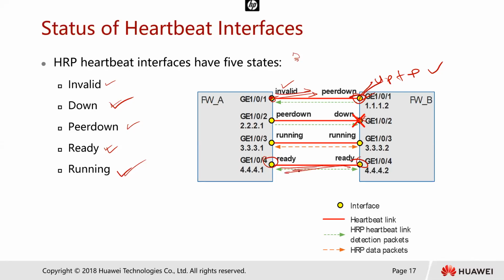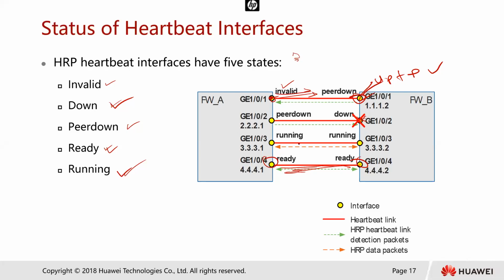That's why it's called ready. They're in a ready state to send and receive heartbeat packets, and it can continue sending heartbeat link detection packets to keep the heartbeat status up and running. That's why it's called ready.